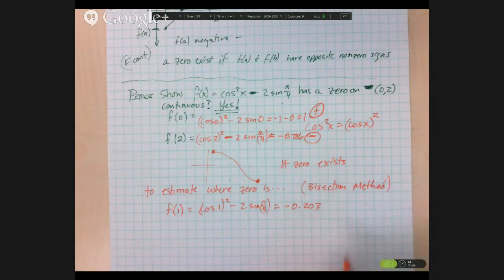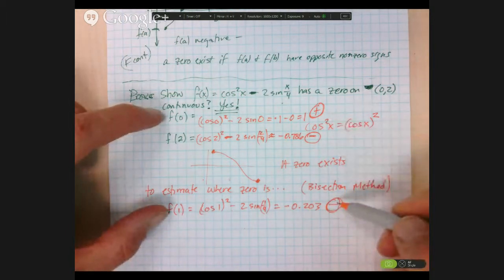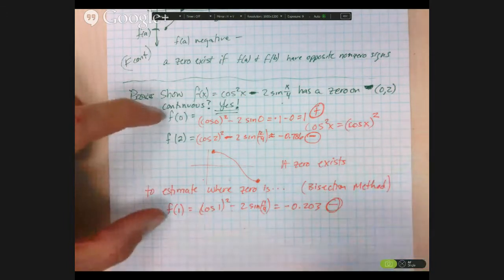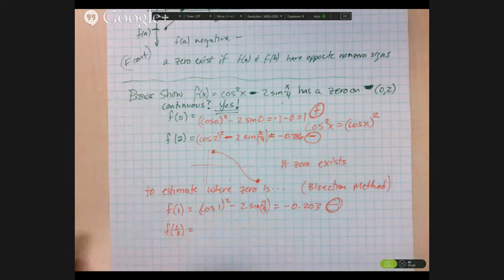All right, so this is a negative, right? So between 0 and 1, there's a sign change, right? Now we know it's in 0 to 1, so let's do f of a half to narrow that interval down further.